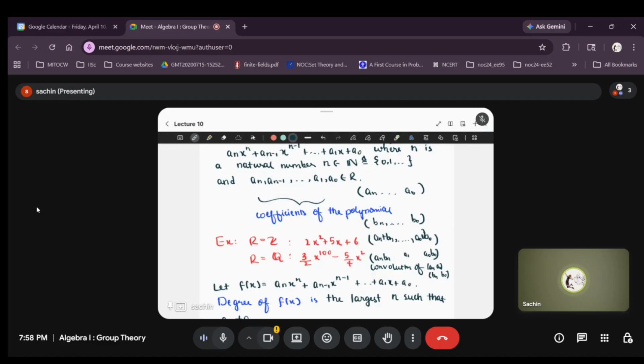This would be a1 b0 plus a0 b1, and so on. So it's actually a convolution of two sequences: this sequence an to a0 and this sequence bn to b0. So without writing it in this polynomial form, you could still define this as vectors and vector addition, and the multiplication to be vector convolution, and you'd still get the same thing.